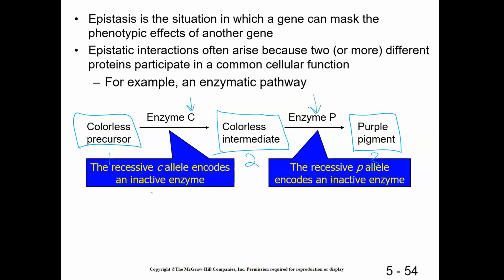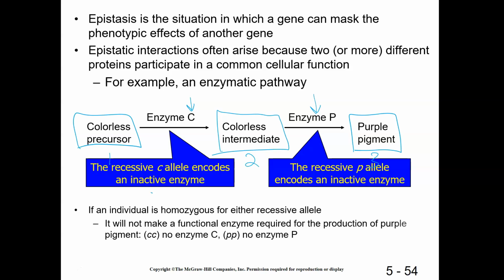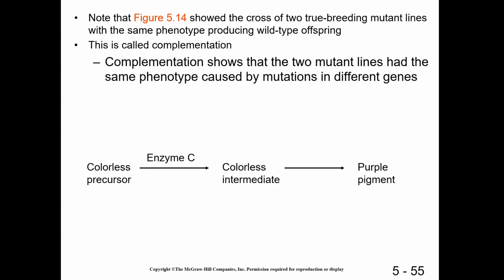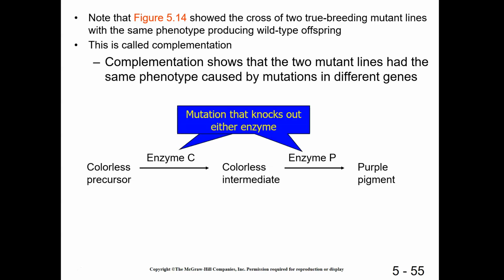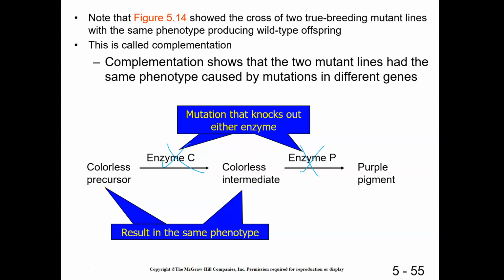So if an individual is homozygous for either recessive allele, you end up with a white flower. So complementation is a situation where you have 2 mutant lines that show a phenotype caused by the mutation. So over here, the mutation knocks out either enzyme, kaboom, same phenotype, all right?